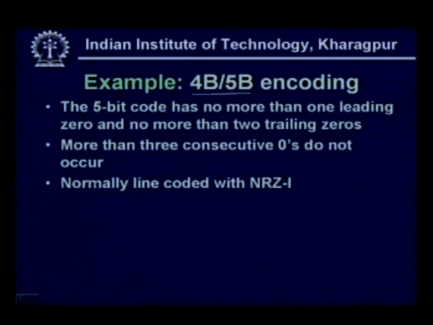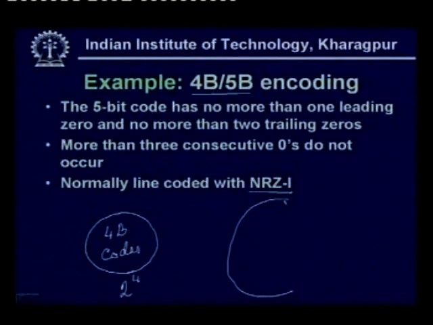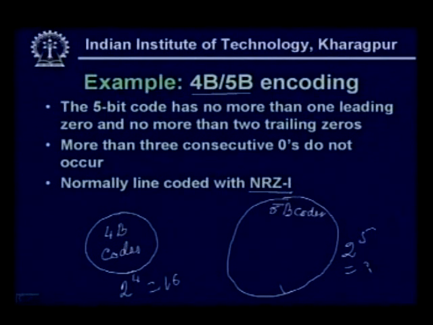So, these are the two things that are done, and finally, the line coding is done by using NRZ code. So, what you are essentially doing, suppose here it is the code set for 4B codes, and as you know, there will be 2 to the power 4 symbols, and obviously the 5B codes will be larger. So, here the 5B codes will have 2 to the power 5, that means here it is 16 and here it is 32.